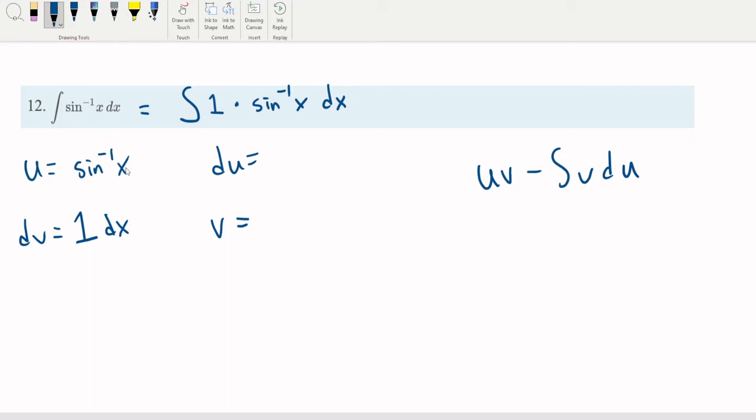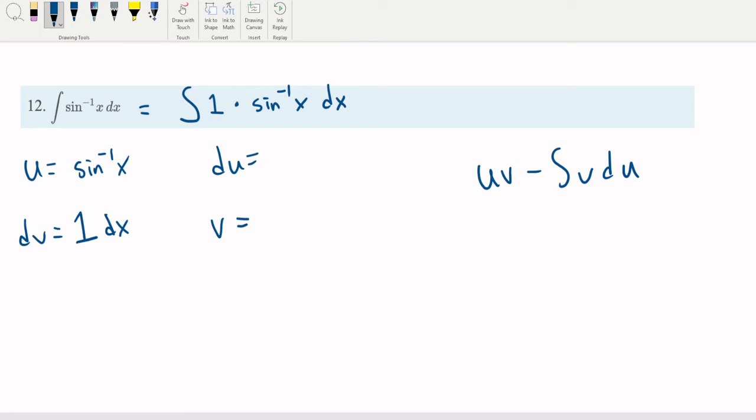If you're looking at sine inverse and you're like, no way, in no form or shape am I doing anything with this, that's going to really hurt you in being able to do this. But if you look at sine inverse and you're like, oh man, I don't know how to do the antiderivative, but I do have this in my toolbox for the derivative, well then you can be pretty comfortable picking this as u.